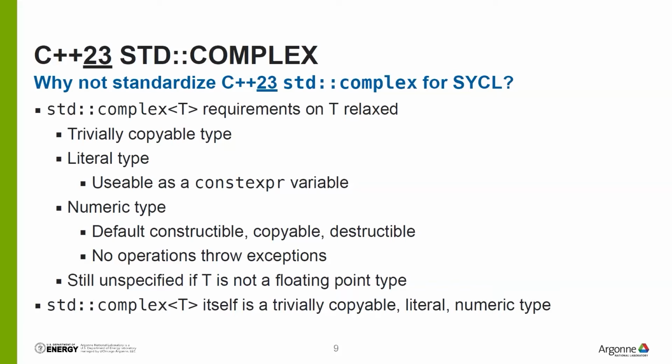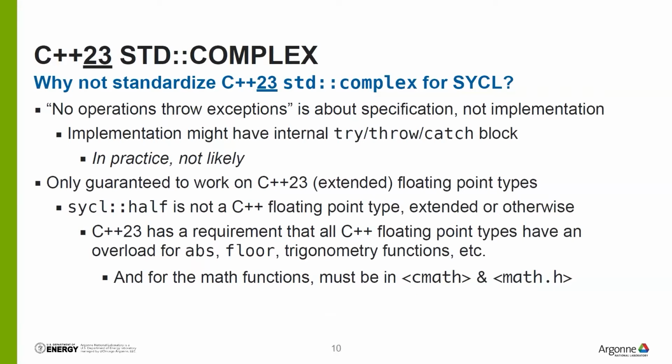It still doesn't quite say that T is not a floating point type. If all that's true, std::complex is also a trivially copyable literal numeric type. But again, no operations throwing exceptions is about the interface, not the implementation. The implementation could theoretically still have a try-catch block internally.